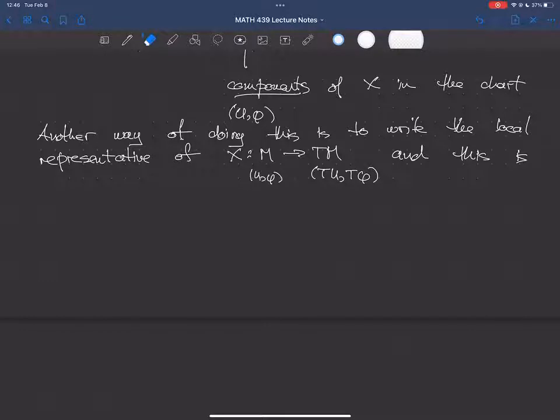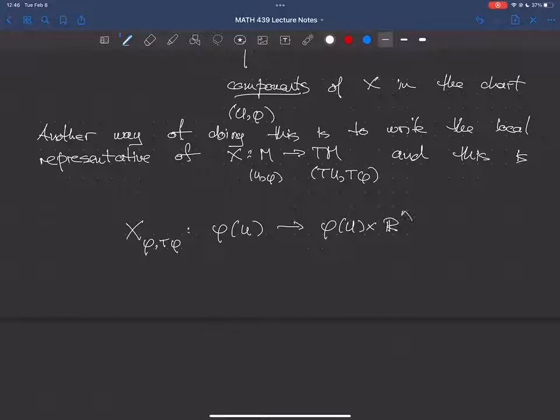And so it's going to be X of phi, T phi, and this is going to be a mapping from phi of U into phi of U cross Rn. So this is the local version of M, and this is the local version of TM.